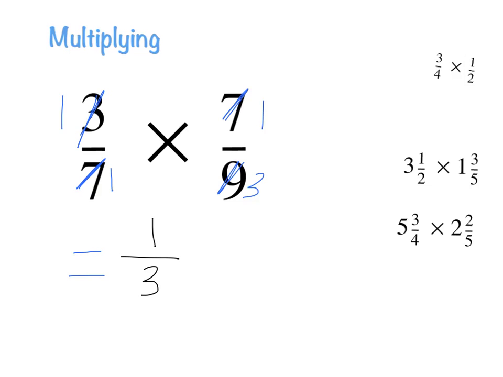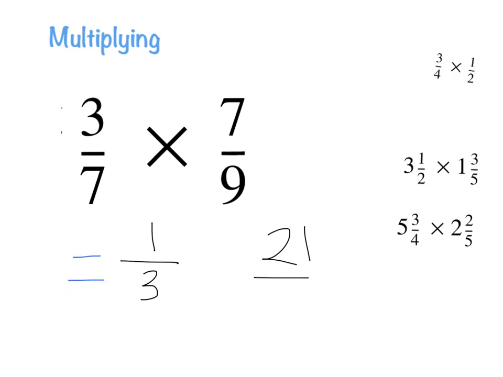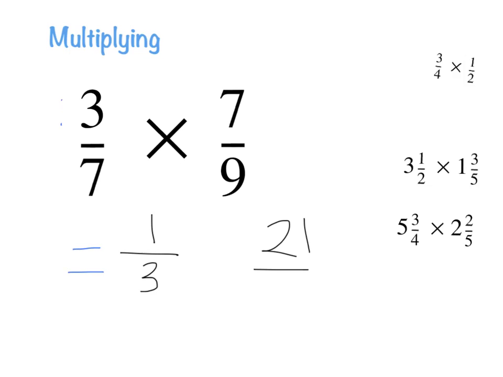So if I didn't simplify, this is what it would have looked like. Let's rub this out and I'll show you. It would have been 21 on, because that's 3 multiplied by 7, on 7 nines are 63.